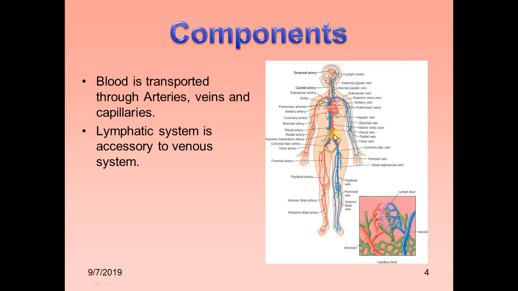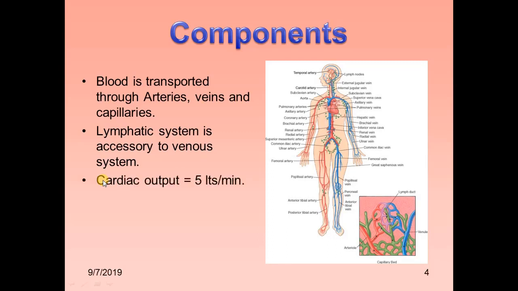You can see in green the lymph nodes, which are connected by lymph vessels. Ultimately, whatever is collected through the lymphatic system has to join the venous system, so the lymphatic system is considered an accessory to the venous system. We are going to see the lymphatic system in a separate session.